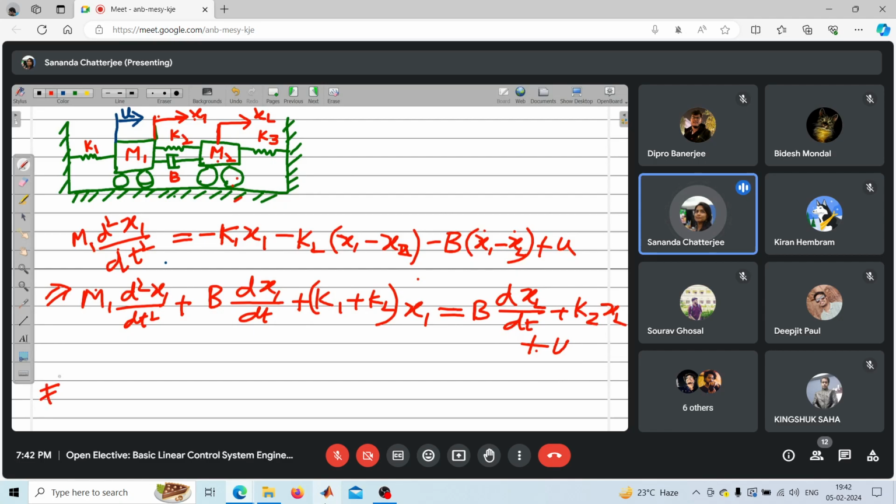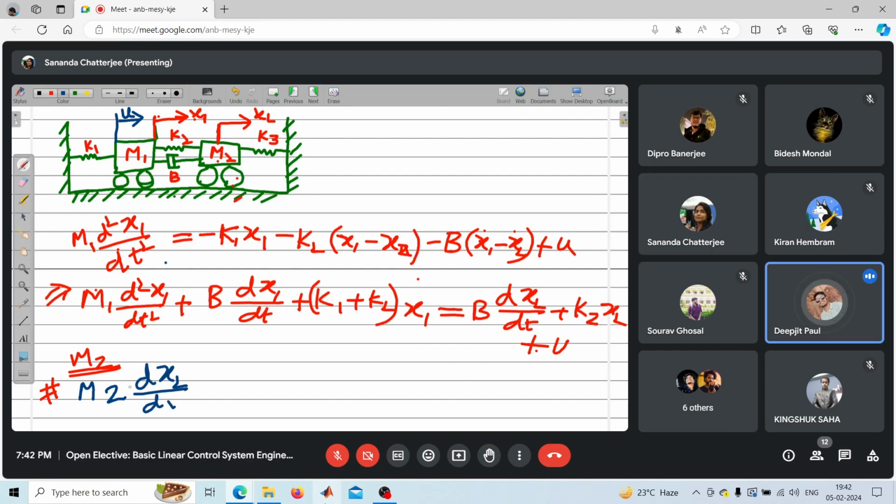differential equation corresponding to M2. This will be m d2x2 by dt square.